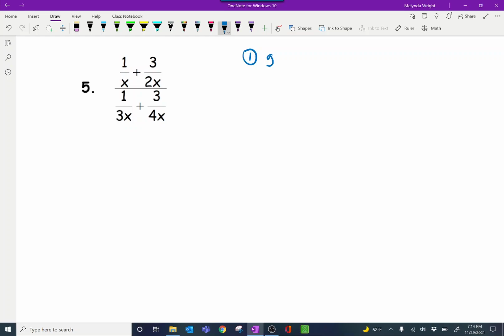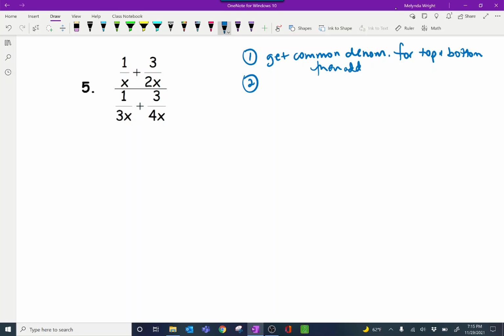Number 1, I get a common denominator for the top and the bottom, for the numerator and denominator, I'll just say top and bottom. Then add. I add them together. Step 2.